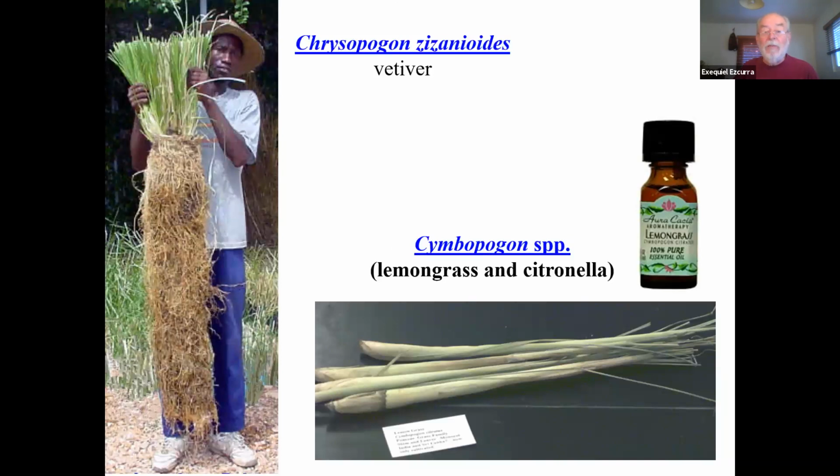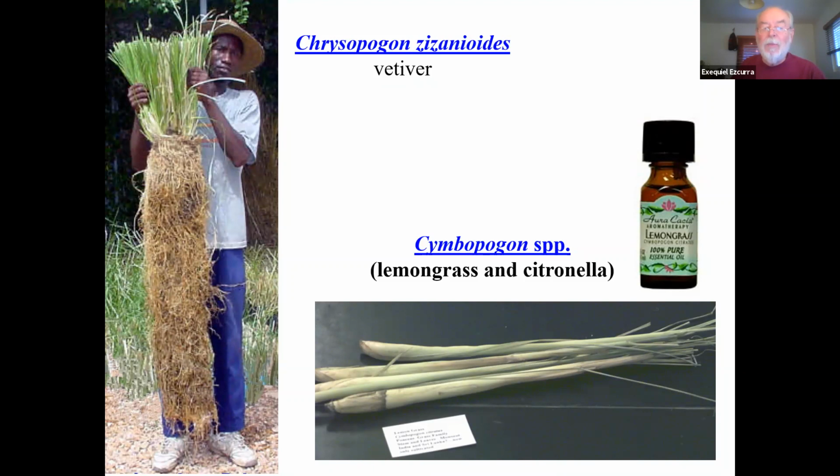And also, believe it or not, grasses are important in the essences and essential oils used to make perfumes. Two very important grasses are Chrysopogon zizanioides, known as vetiver, that is used to make cologne for men. It smells really nice. It's a unique smell, a little bit like lavender.